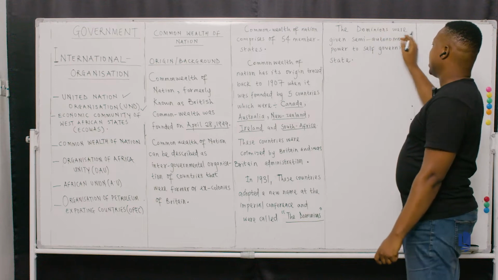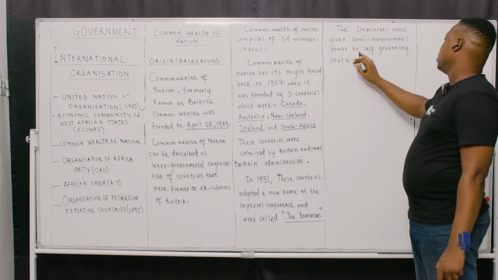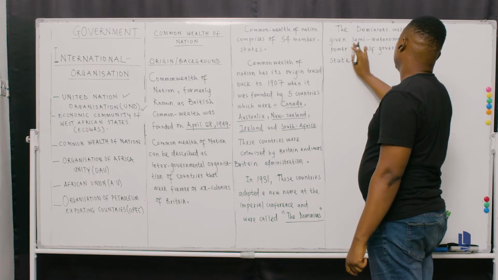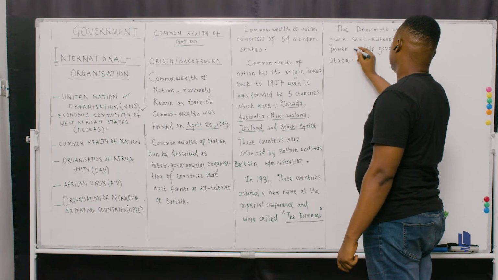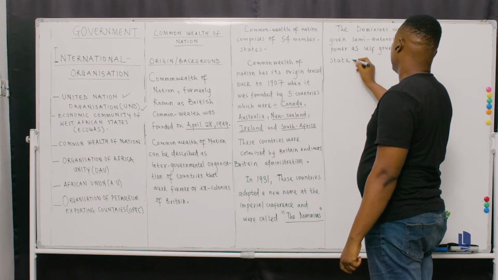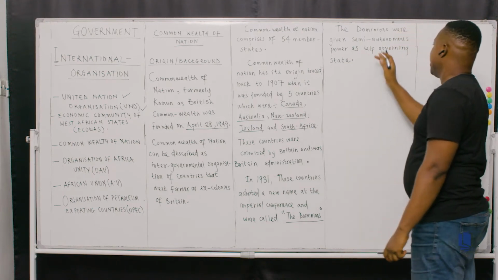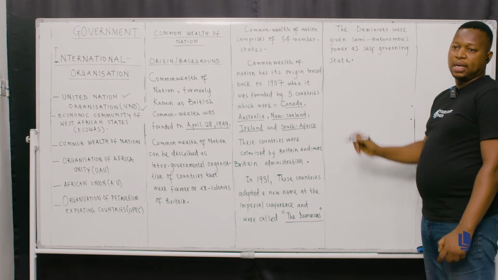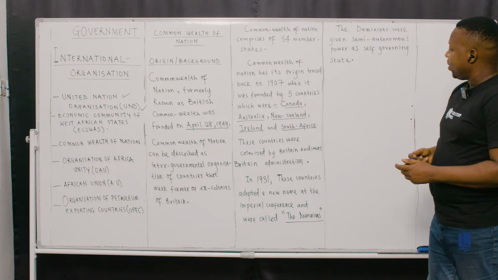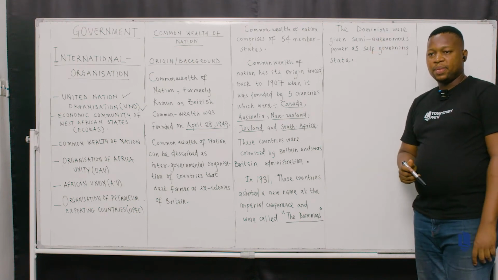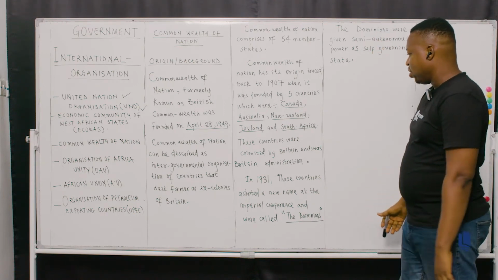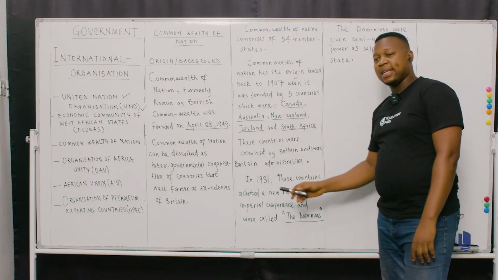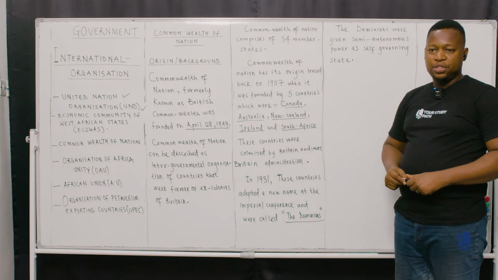The Dominions were given semi-autonomous power to serve as self-governing states. And together you can see where we have the name Dominions. And the countries that were referred to as what? Dominions: Canada, Australia, New Zealand, Ireland, and what? South Africa. Are we together?